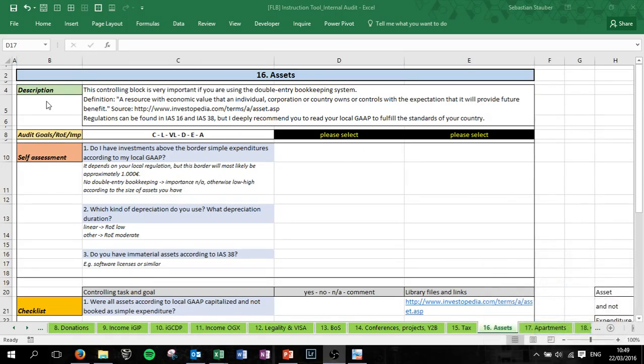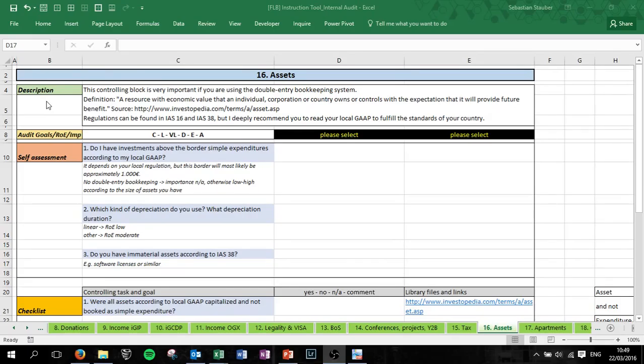In the self-assessment, it is very important for you to know if it is not applicable or not. First of all, do you have some kind of investments which are above this border, so that you don't have a simple expenditure? There will be a local regulation, I'm sure, but it will be approximately 1,000 euros.